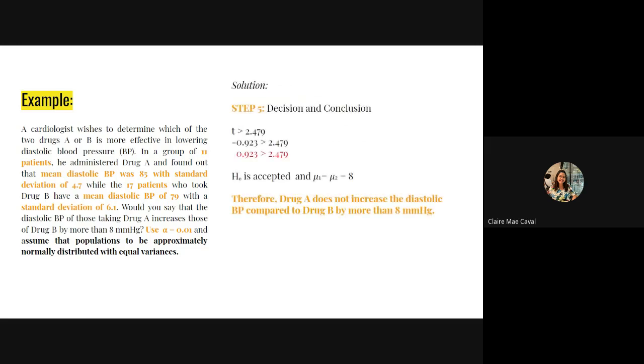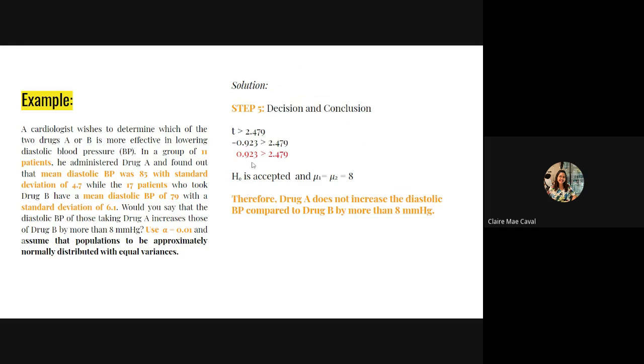Okay? So, step 5, decision and conclusion. Here the decision rule comes in. t should be greater than 2.479, right? So, negative 0.923 is not greater than 2.479. If it's not greater, it falls in the accepted region. Okay? Only a one-tailed test is used here. I did not draw or put the picture. But if 0.923 were greater than 2.479, we could reject the H0.